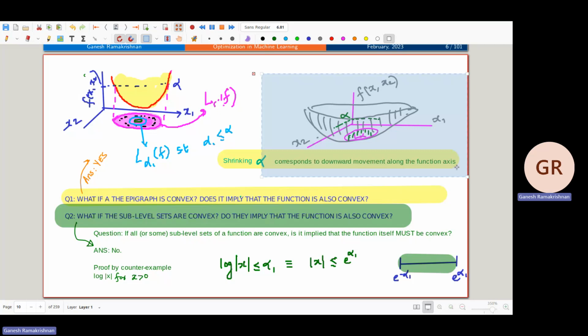Is the function log of absolute value of x itself convex? Any thoughts? How do you know that log of absolute value of x is not convex?